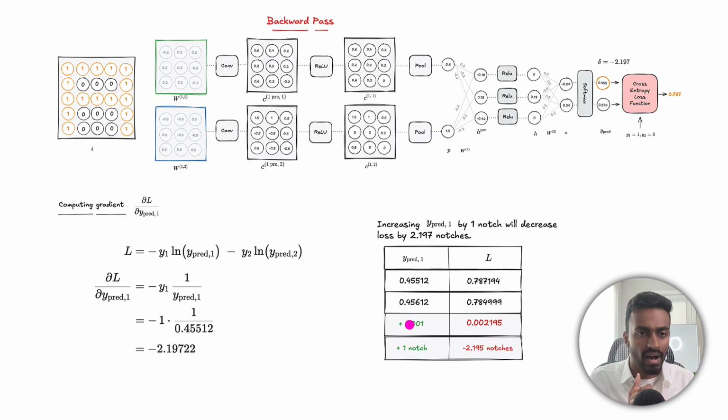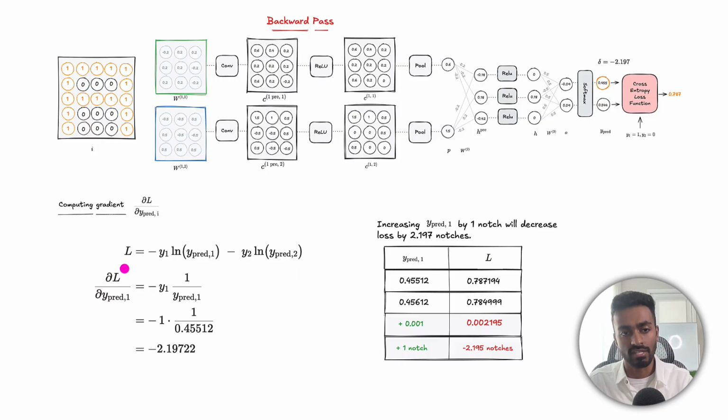So in the backward pass, let's now start all the way over here. We start with this neuron here. How does changing this neuron slightly nudge the loss? How much does the loss change? That's exactly represented by this gradient, del L by del y pred 1 in this case. Now we know the loss is going to be that cross entropy loss.